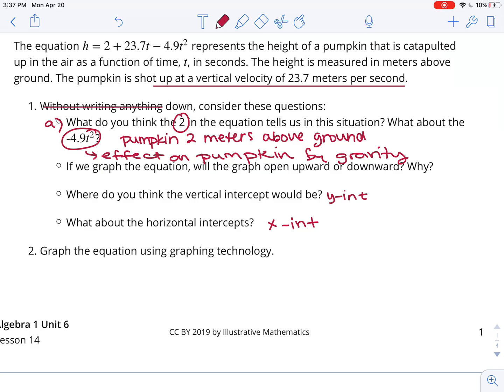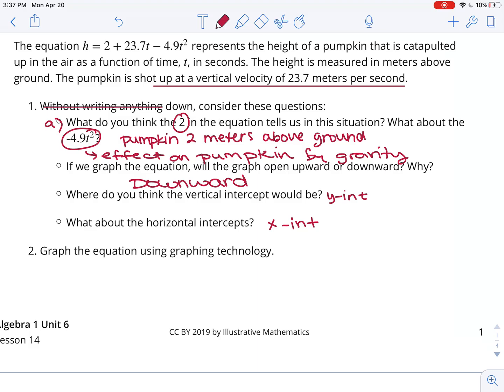If we were to graph it, we should be able to tell that it's going to open downward. And that's because the coefficient of our squared term is negative, right? It's a negative 4.9, so we can tell that it's going to open down.